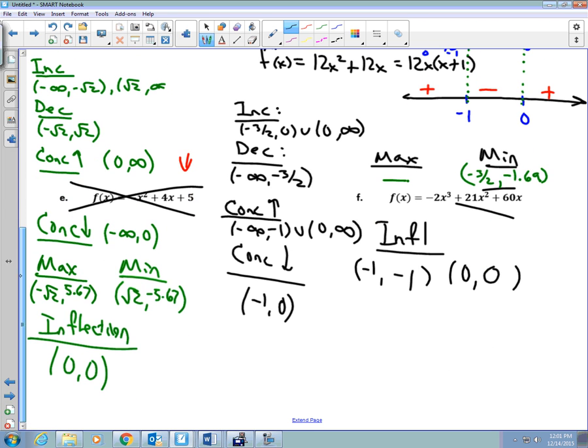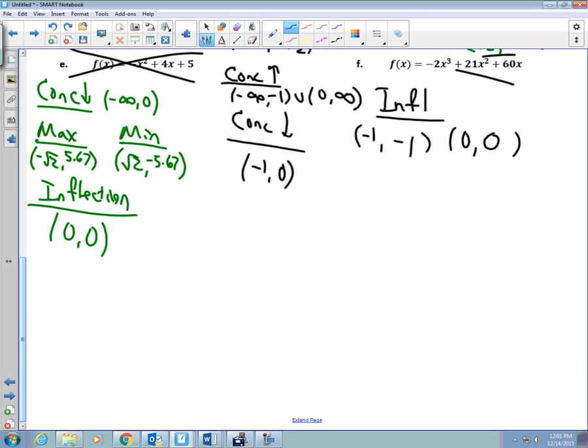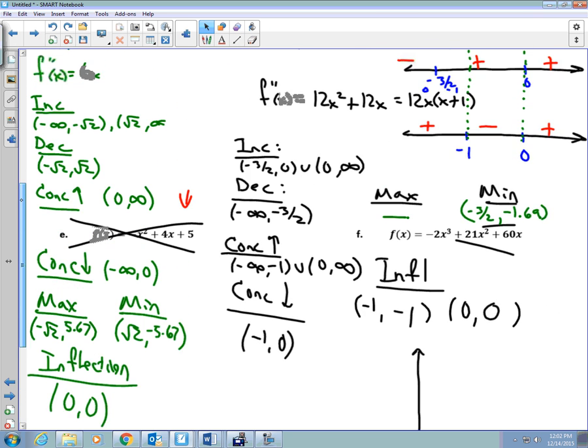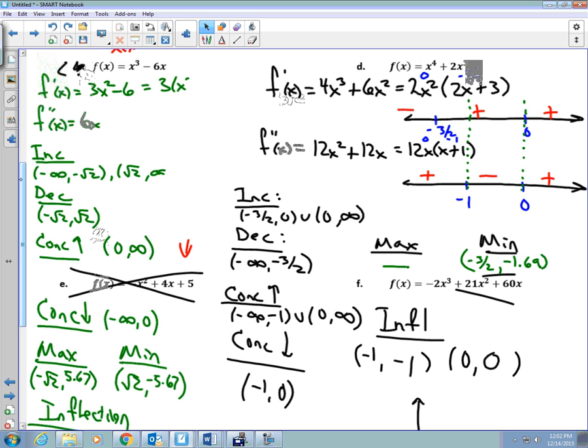Okay, so I'm going to graph it in a second, but first I'm going to sketch a graph on my own. Let's look at the original function. What's the y-intercept of the original function? And if I wanted to find the x-intercept, I would factor out an x to the third, and I get x plus 2.